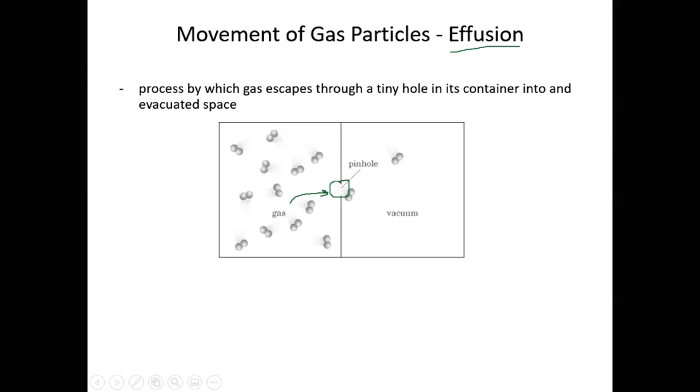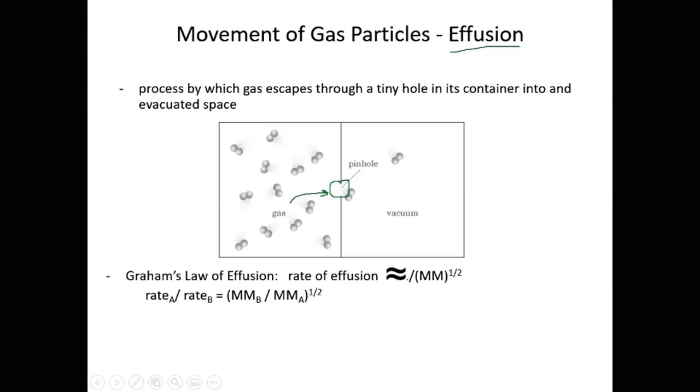That is referred to as effusion. A law that describes how effusion behaves is called Graham's law. Graham's law says the rate of effusion is proportional to the inverse of the molar mass. So what does this mean? This means that the heavier the gas is, the slower it effuses.